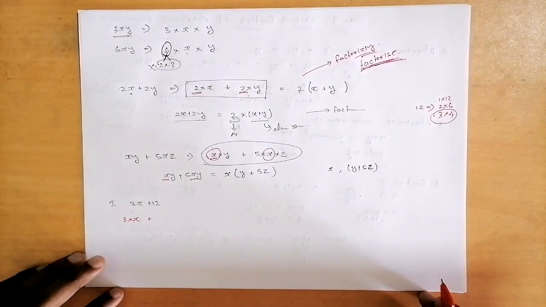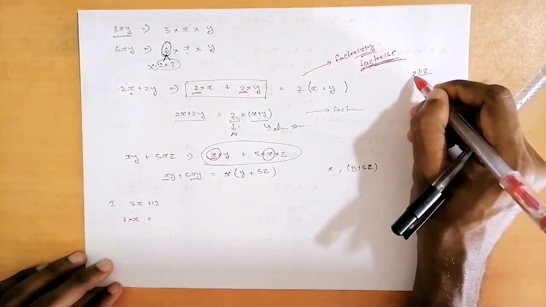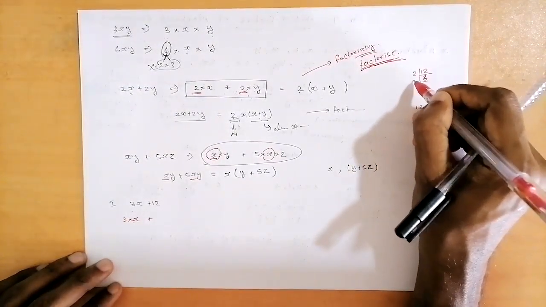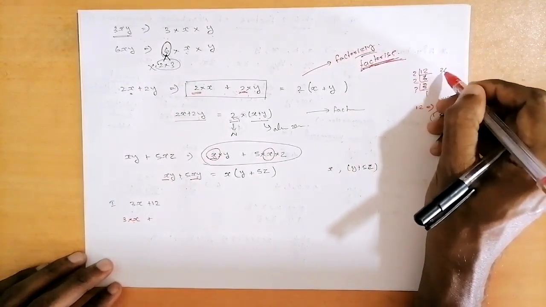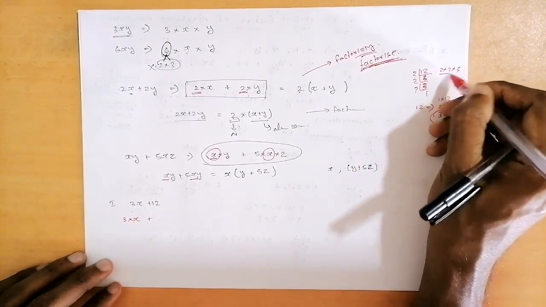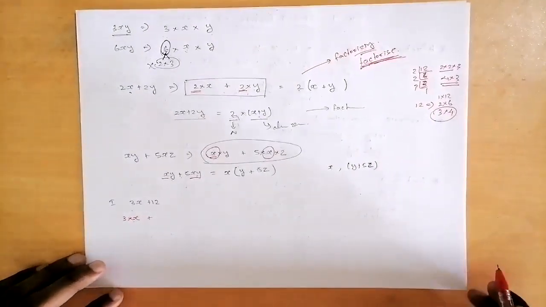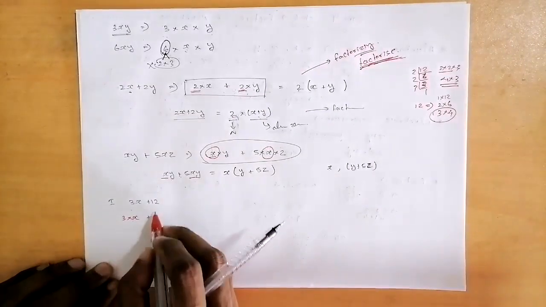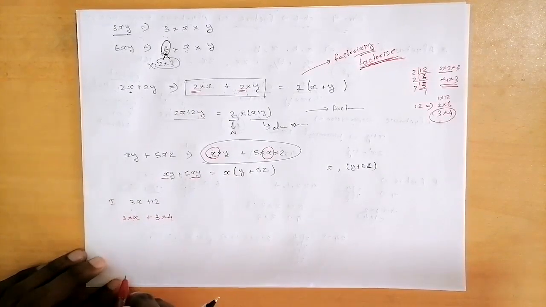We can write 3 into 4 as a factor, because if you divide 12 by 2, it's 6. Another 2, it's 3. Another 3, it's 1. So 2 into 2 into 3, which means 4 into 3. So 4 and 3 are factors of 12. So we can write 12 as 3 into 4.